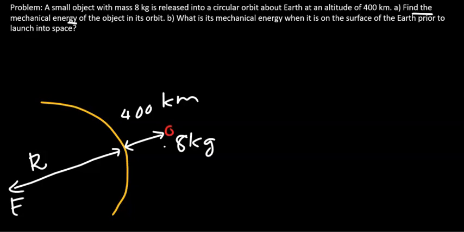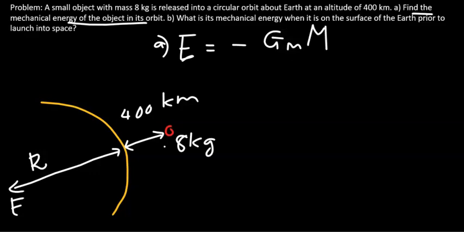Find the mechanical energy of the object in its orbit. So from our previous discussion, the total mechanical energy of the object in its orbit is given by the following expression: minus universal gravitational constant times the product of the two masses divided by 2r, where r is the center-to-center distance between the two objects.